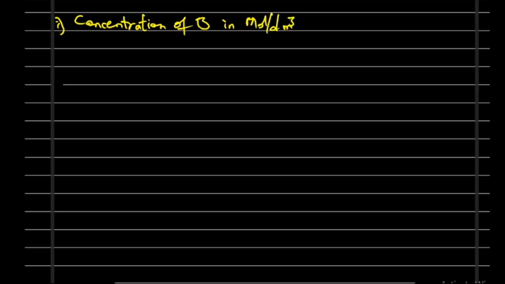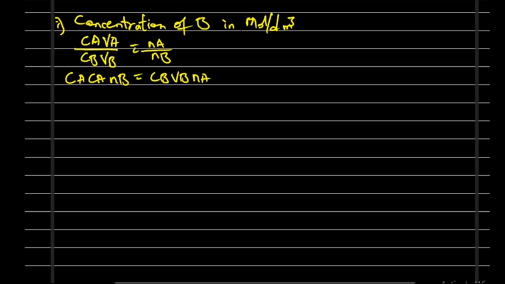Mole per dm cube. So the formula that we'll be using is CAVA over CBVB equals NA over NB. When we make it a straight line equation, we'll be having CAVA NB equals CBVB NA.